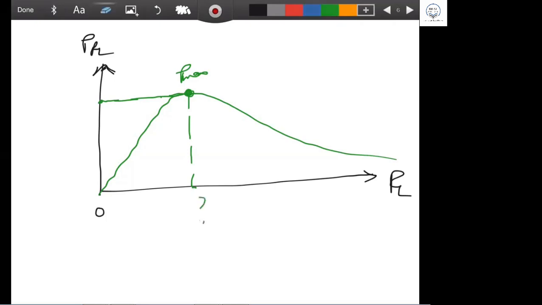So we got the RL value of 2 ohm, at which time you get the maximum power. What is the maximum power Pmax we got? 4.5. Excellent, good. So 4.5 watt. So you all understand this example very well. Yes, sir. Good.